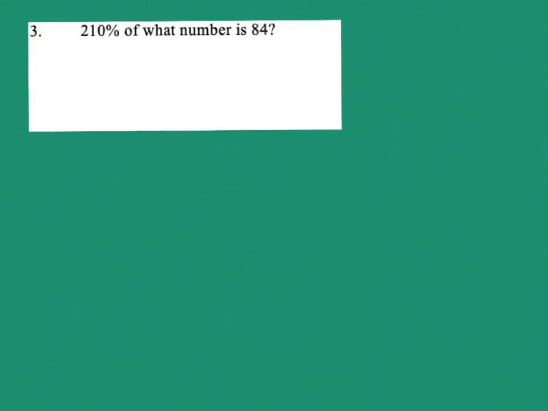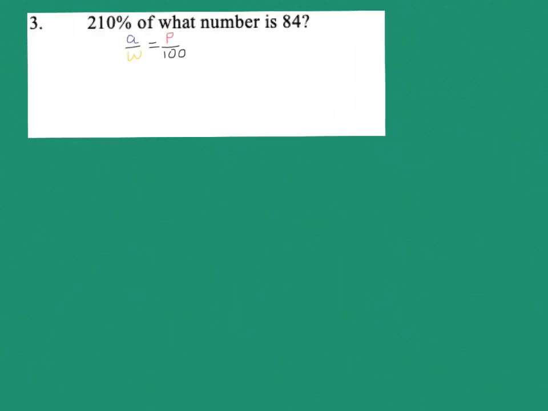Let's look at example 3. 210% of what number is 84? First, write the percent proportion. Next, think about what information is given to you and substitute it into your proportion equation. 210% is your P, and 84 is your part, which is your A. So now you're solving for the whole.